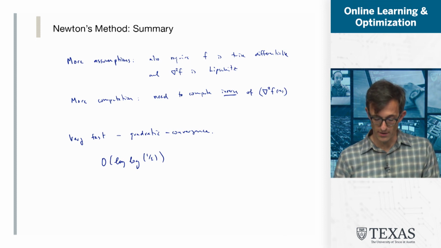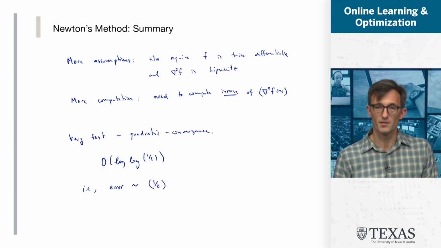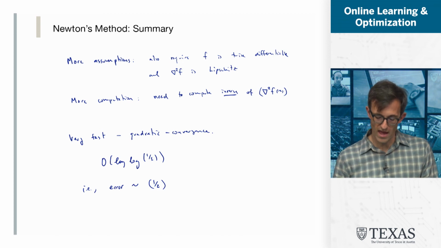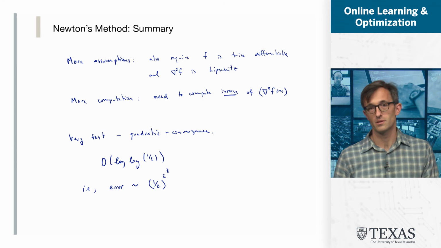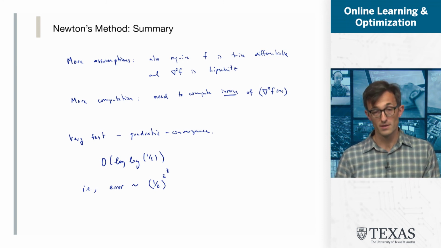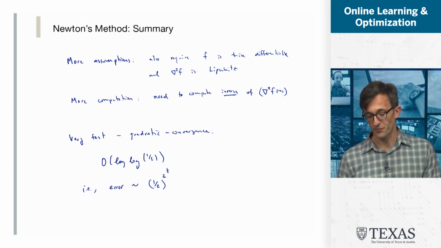Or another way to say this is that the error scales like, again, it doesn't have to be 1/2, it could be some other constant, 1/2 to the 2 to the number of iterations. We saw that this is what quadratic convergence means compared to linear convergence, wherein the error scales like 1/2 raised to the t.